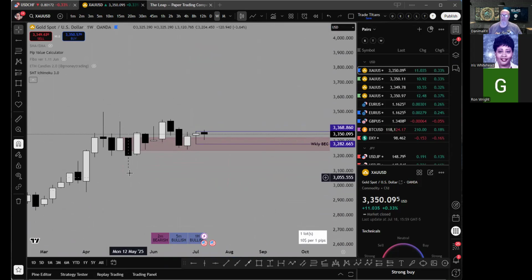However, we did get a touch into it, so we had this nice little impulse correction. We haven't got the second impulse because we didn't reach a higher high. So we don't have impulse, correction, impulse. We only have the impulse and the correction.